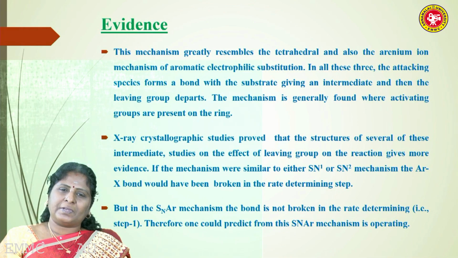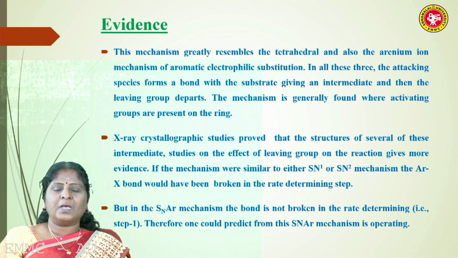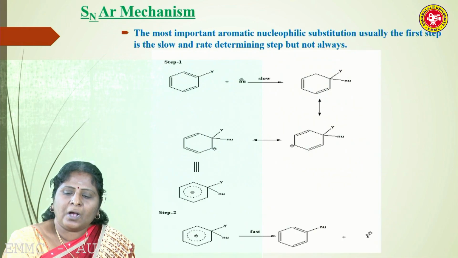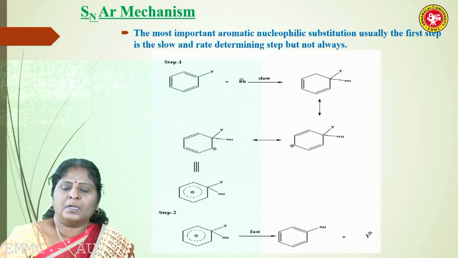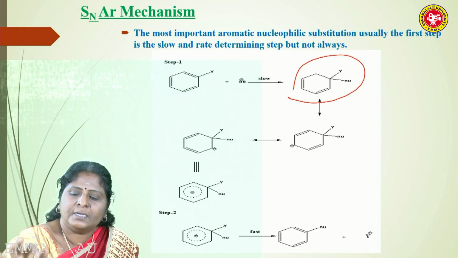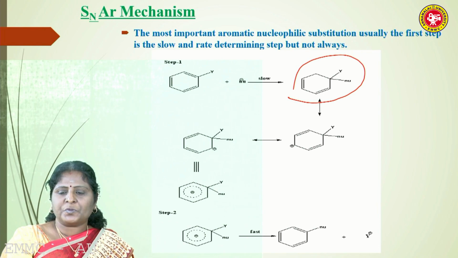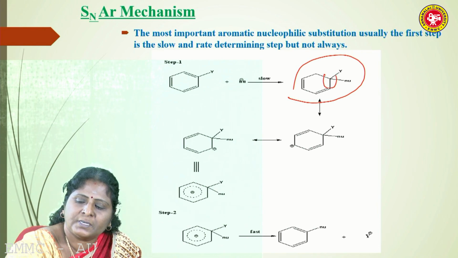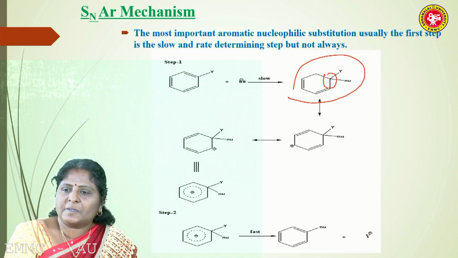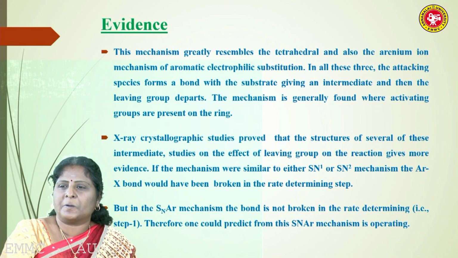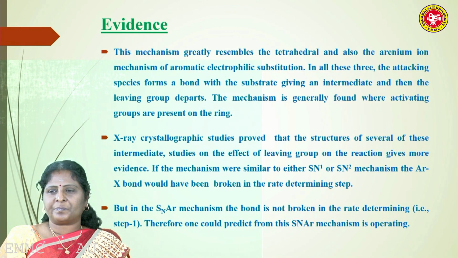Like that, in the SN-AR mechanism also, after the attack by the nucleophile, an intermediate of this type is produced. Since this is sp3 hybridized, this resembles the tetrahedral mechanism of aliphatic substrates.